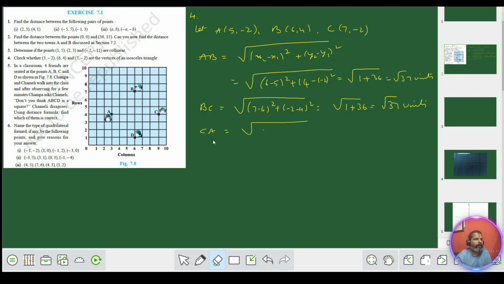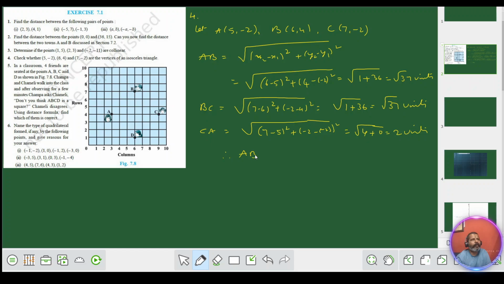Let me rewrite it. (7 minus 5) whole square plus (minus 2 minus of minus 2) whole square, because y2 is minus 2. 7 minus 5 square is 2 square, that is 4, plus minus 2 plus 2, which is 0. So 2 units.